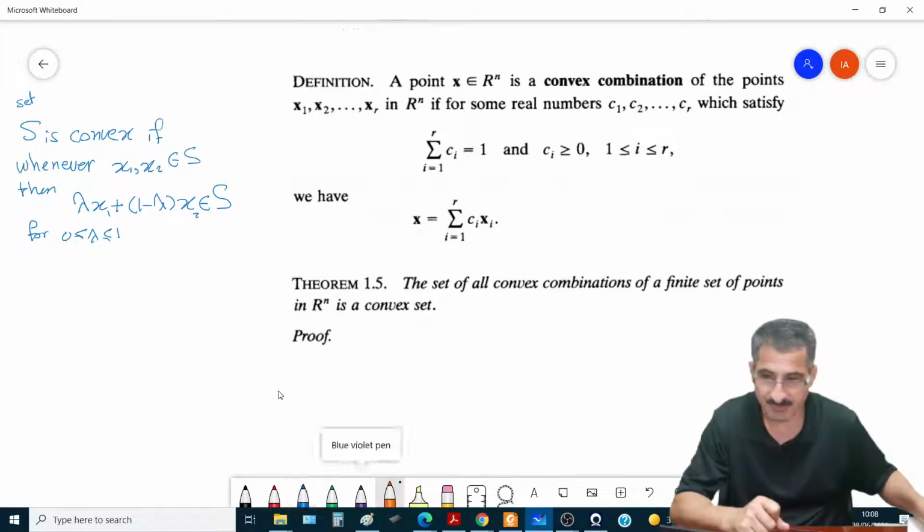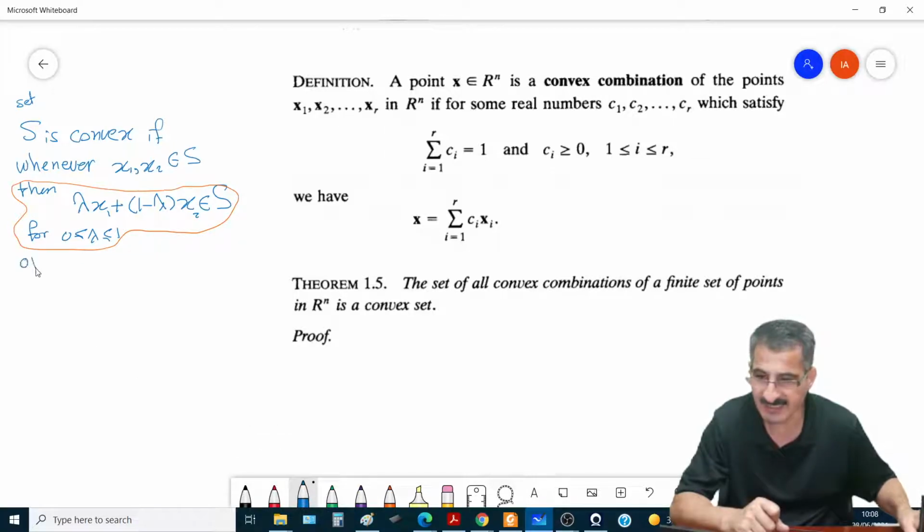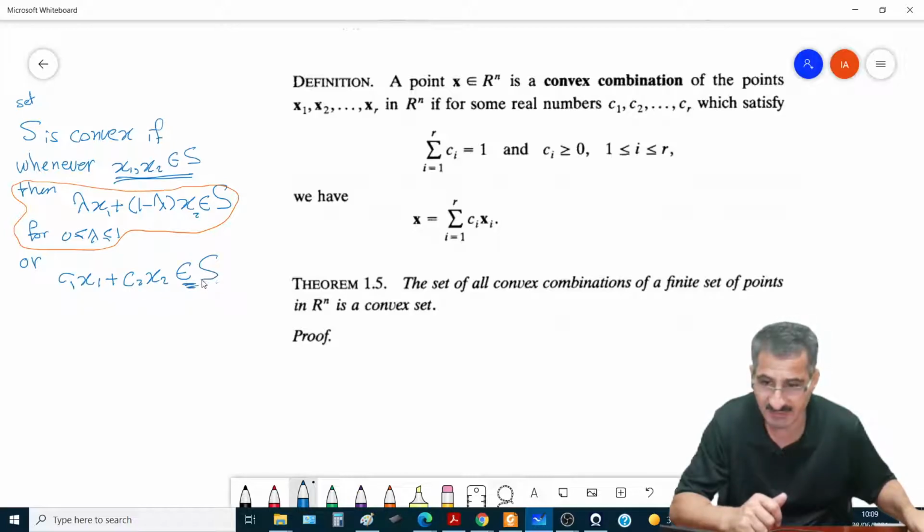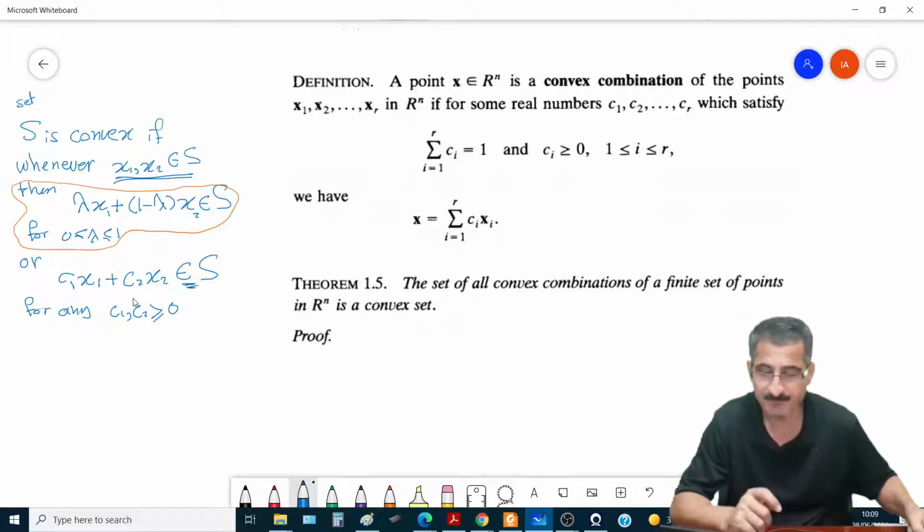Or we can say that for any x1 and x2 belonging to S, c1 x1 plus c2 x2 must also belong to S, for any two non-negative numbers c1 and c2 with their sum equal to 1.